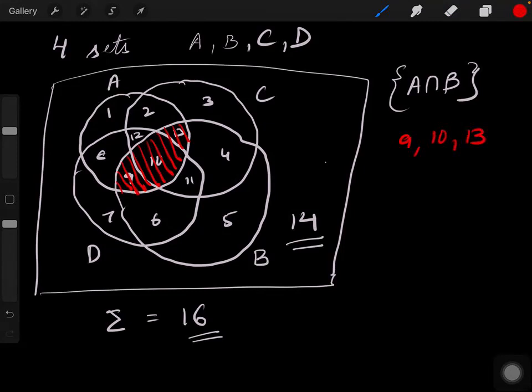Now there is a problem. There is no region in the present diagram which only represents A intersection B. Because if you look at region number 13 and region number 9, region number 13 lies in the set containing C, and region number 9 lies in the set containing D. So this is not possible.